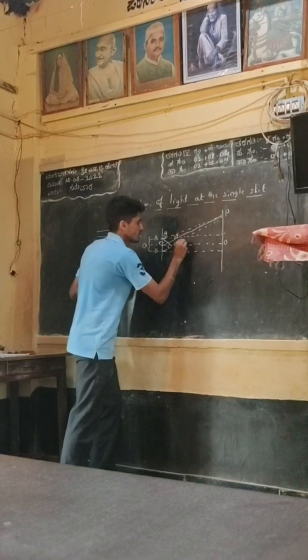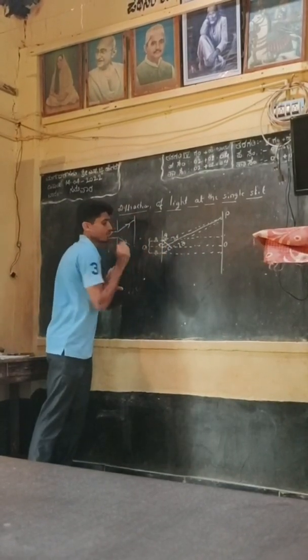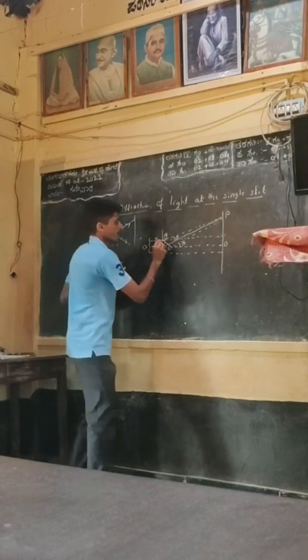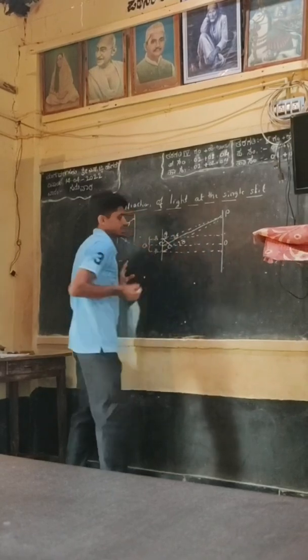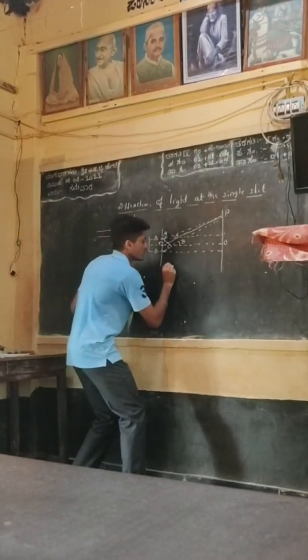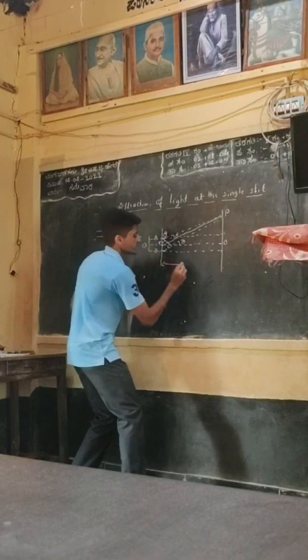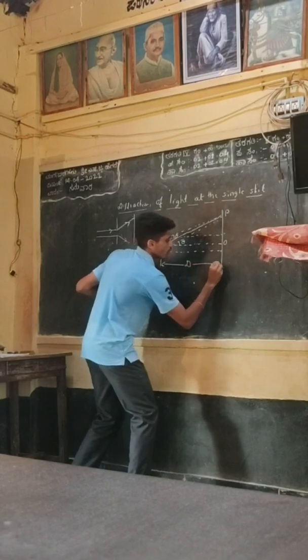This can also be considered as theta because they are all corresponding angles, as they have the parallel lines A to the screen and B to the screen. So this is all about the diagram, and the distance between the slit and the screen should be D.